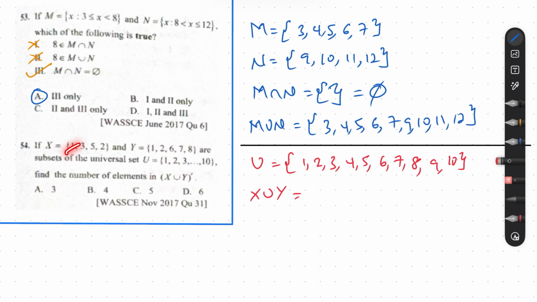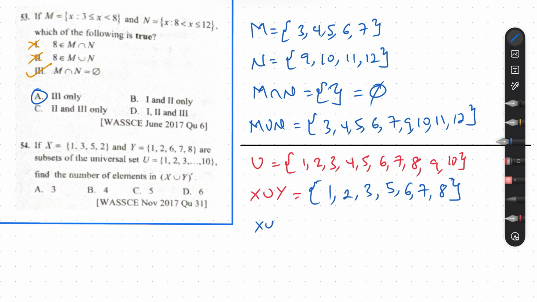So we have 1, 2, 3, 5, 6, 7, 8. Let's check that. We have 1 here, we have 2, 3, 5, 6, 7, 8. Okay, so that's the answer. So now we need to find the complement of that.